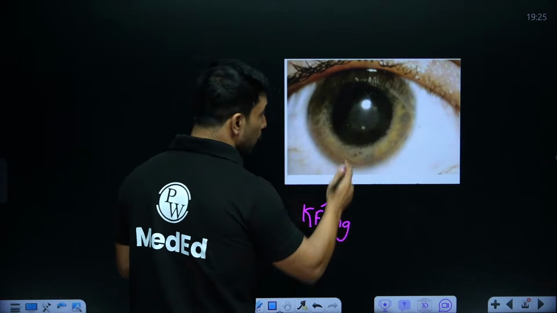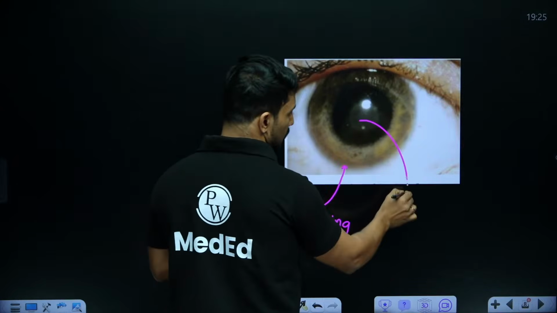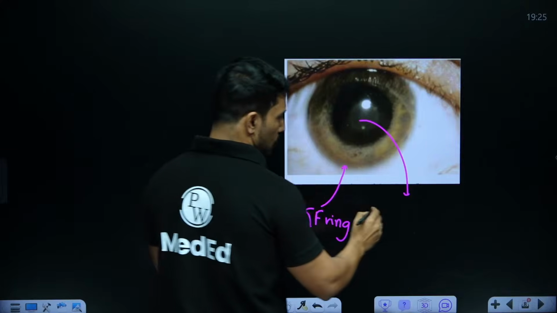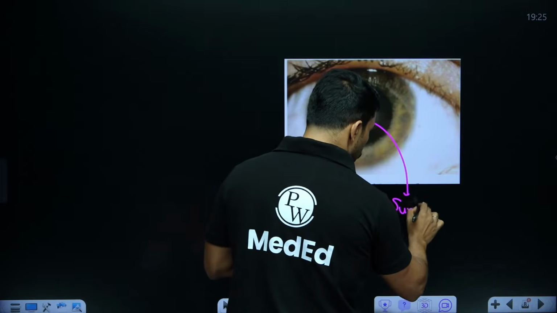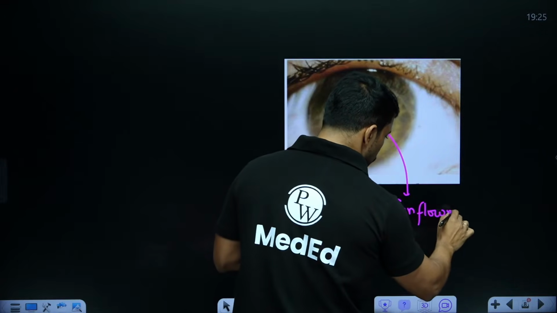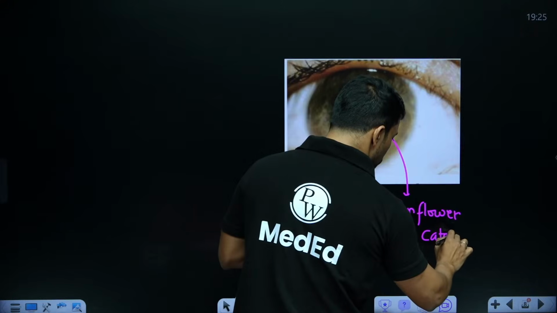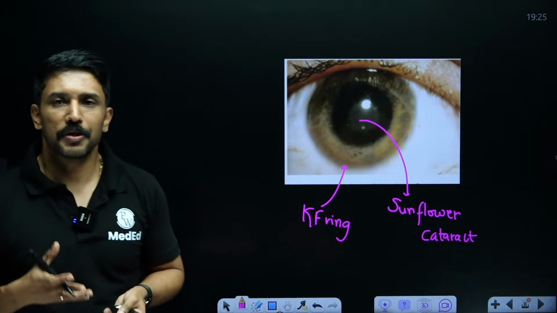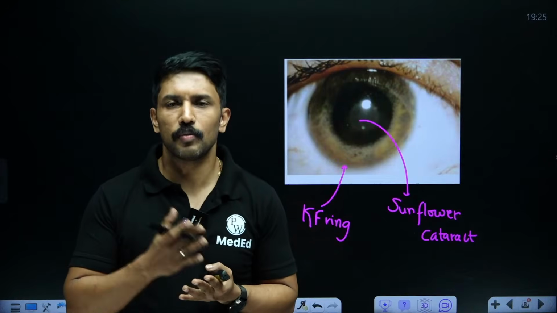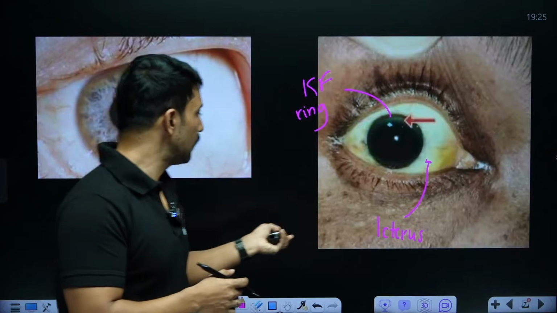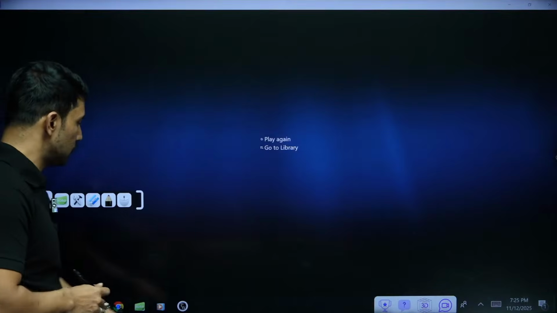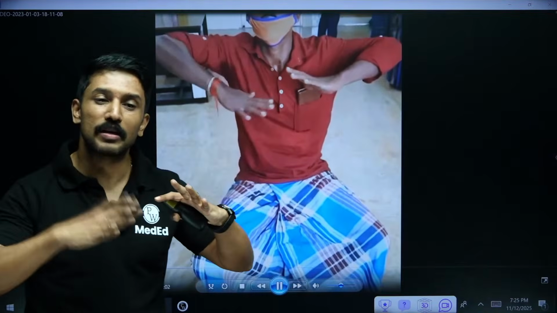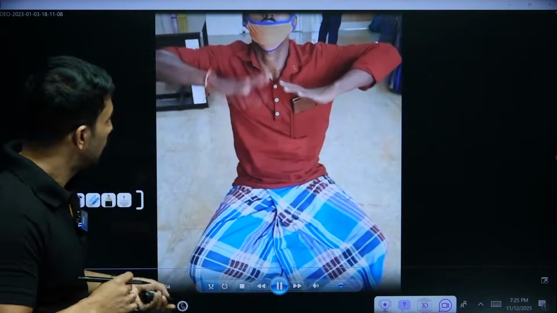But apart from that, if you look at the lens, there is some kind of cataract: a central disc with petals emerging out. We call it sunflower cataract. So if you encounter a patient with Wilson disease, you should be able to recognize it with the help of the KF ring, and the neurological manifestations, because of the classical wing beating tremor.